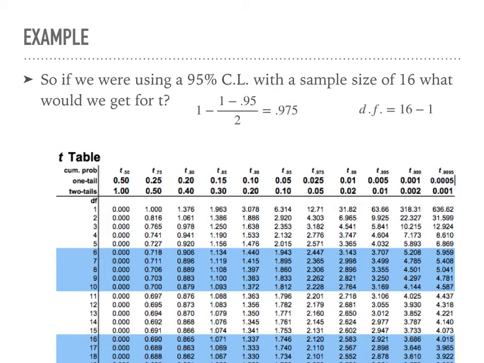Looking at this table here, we find our t value and our degrees of freedom, so that gives us 2.131. Also, using the inverse t function, with our area to the left and our degrees of freedom entered, we come up with the same number, 2.131.